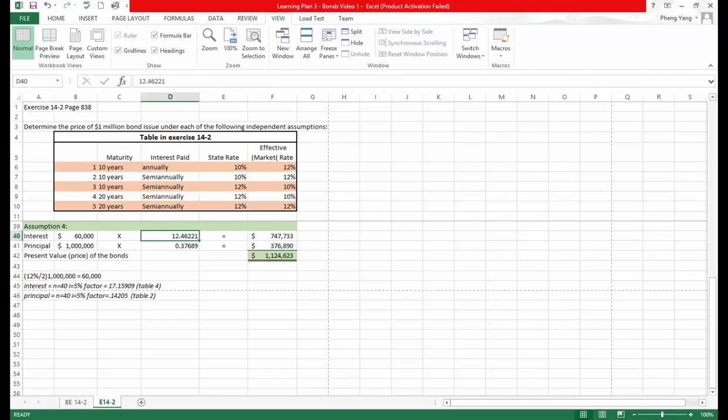So let's insert our factors into our formulas here. Our total present value price for the bonds is $1,171,595 for assumption 4.